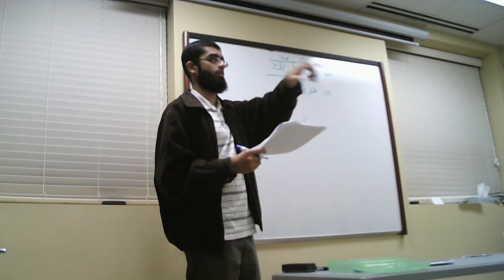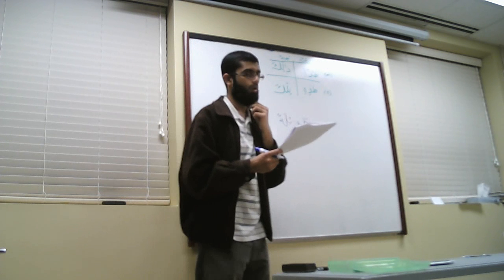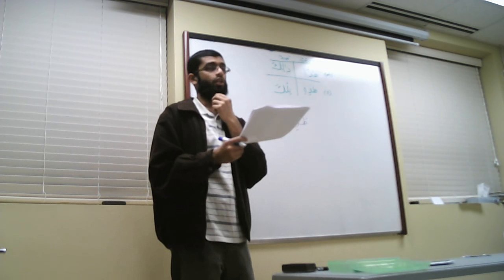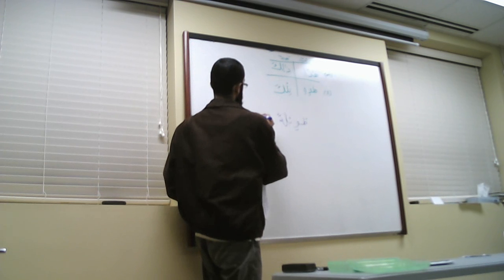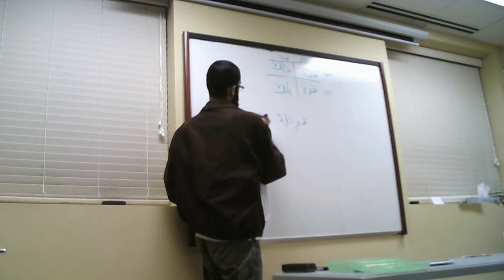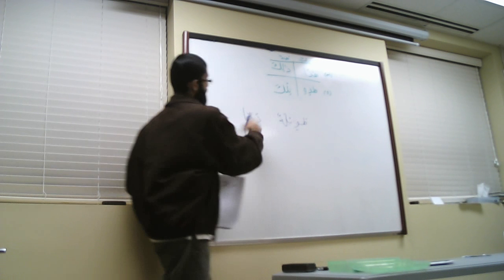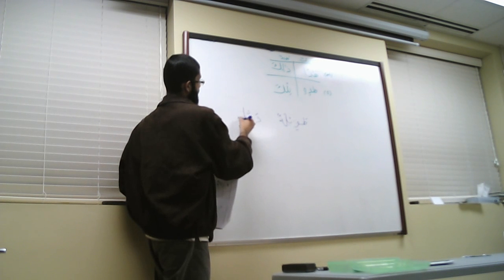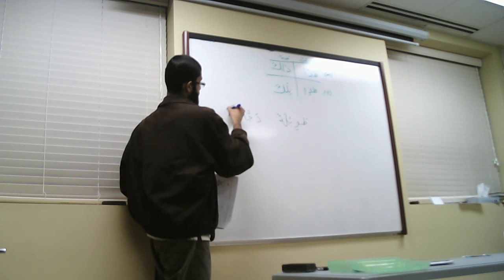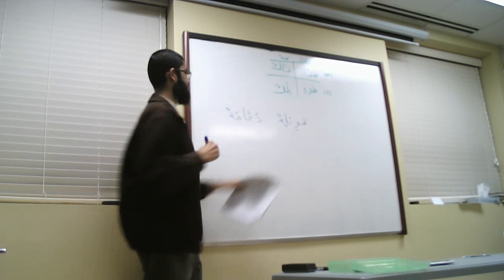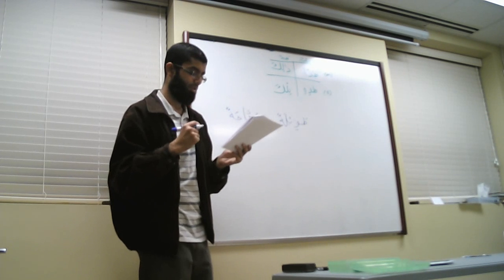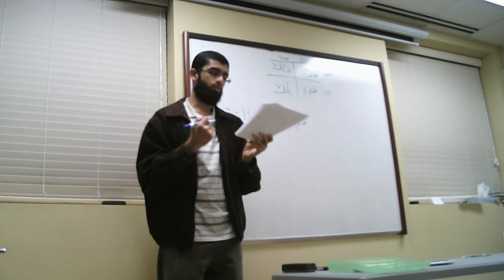Next line, Brother Ala. Ma tilka means what is that? And what is the answer? Tilka baydatun, that is an egg. Baydatun, egg. Okay. Next one, Brother Afnan. So this is why you use tilka baydatun.